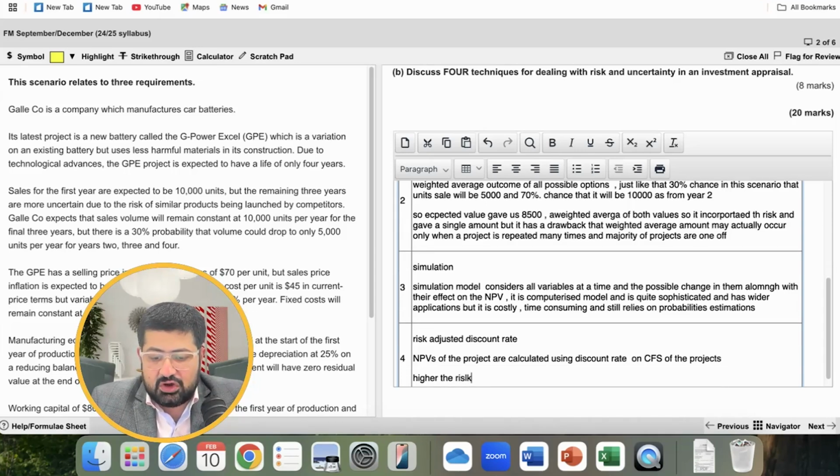Higher the risk of project, higher will be the discount rates.